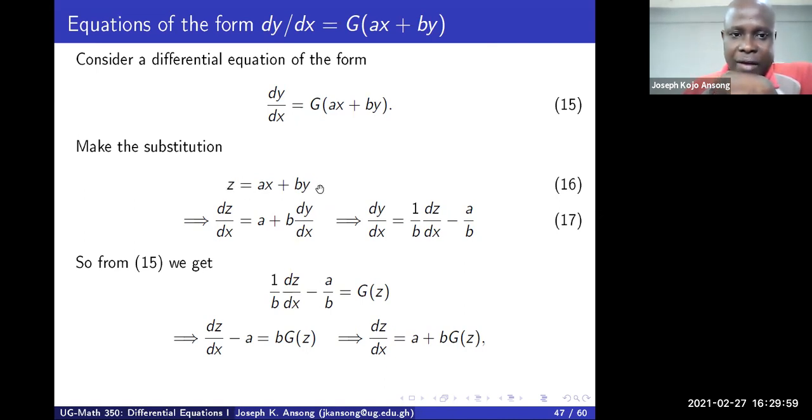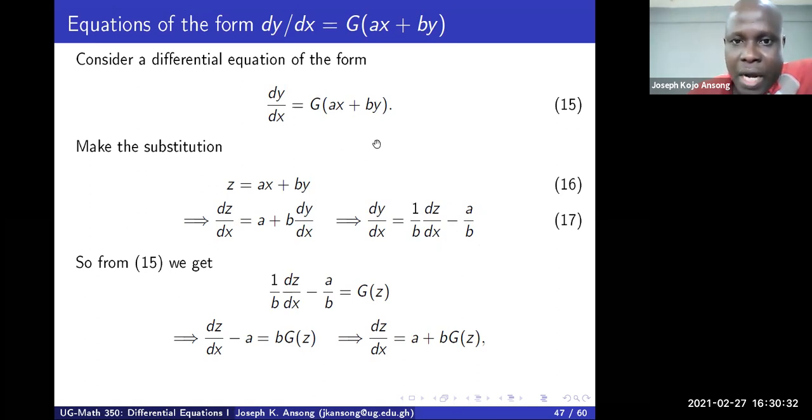Once we have this, we can differentiate it: dz/dx will be equal to a plus b dy/dx, which means that dy/dx is equal to, I want to isolate dy/dx, so I'm taking the a to this side and dividing through by b. So dy/dx is 1 over b, dz/dx minus a over b.